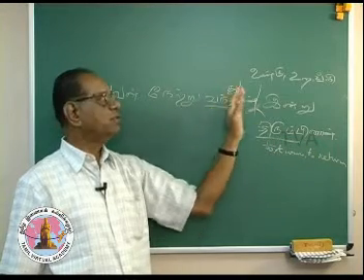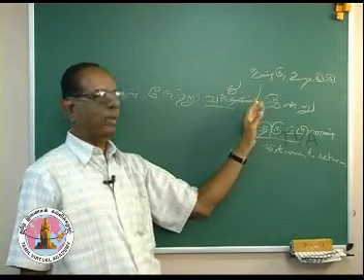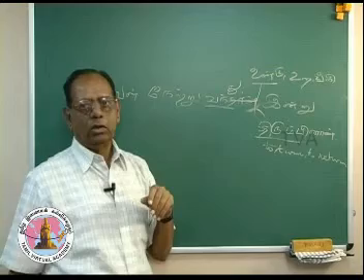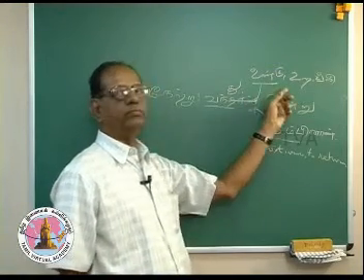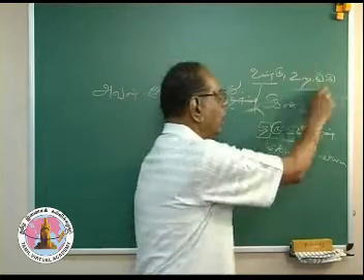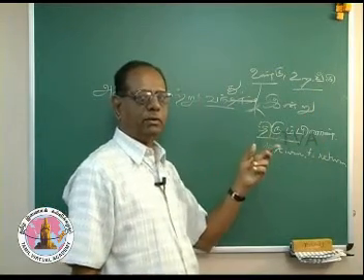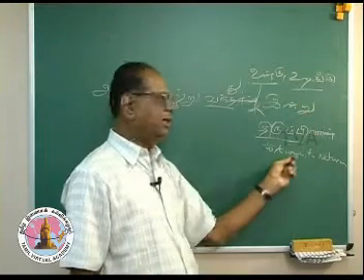Avan netru vandu, this much we have already seen. Undu, what is undu? Un, to eat. So he took food. Urangi, urangu, to sleep. He slept. He came, had his food, slept and returned today.